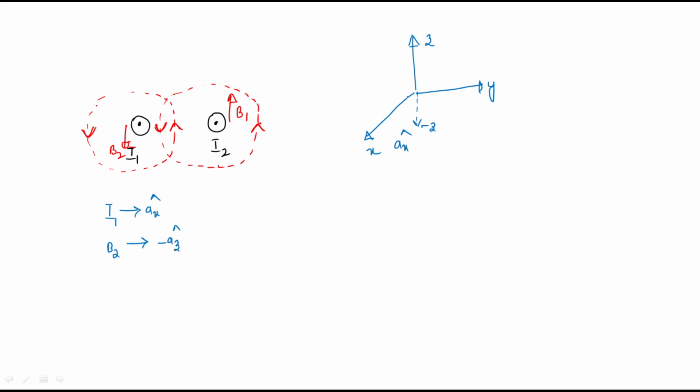See here, the x ordinate represents the positive value of ax cap. But coming to B2, which is the downward direction, which is nothing but minus z coordinate. If it is minus z, that is nothing but minus az cap.